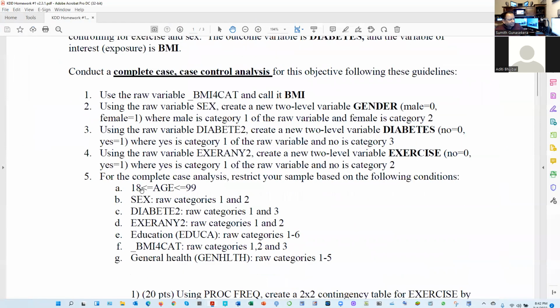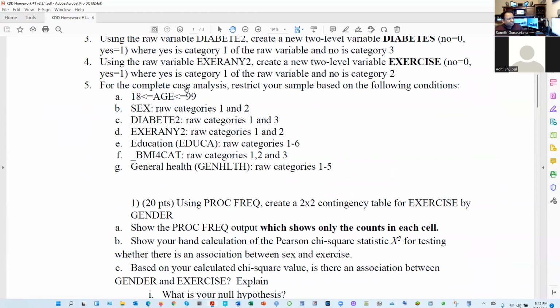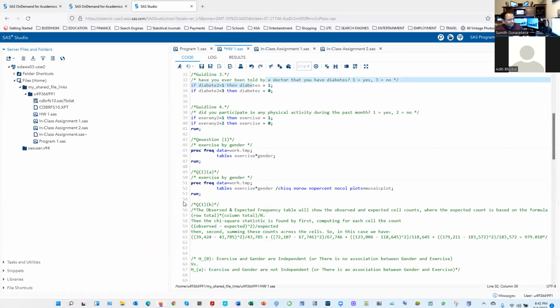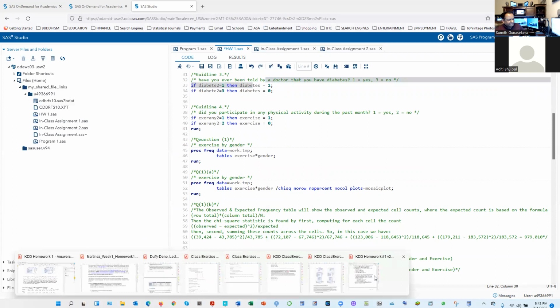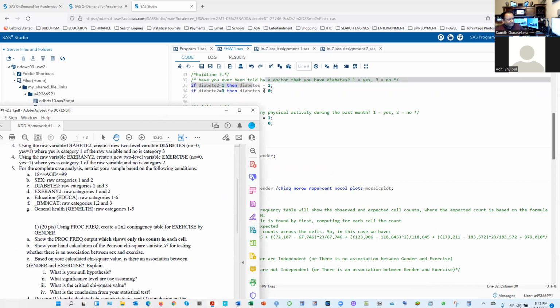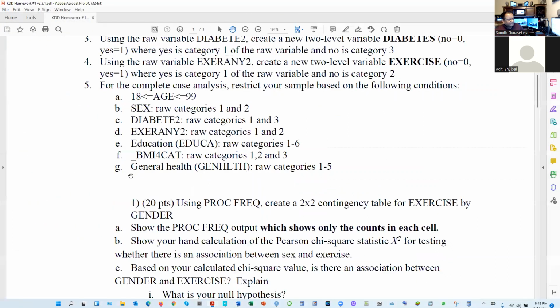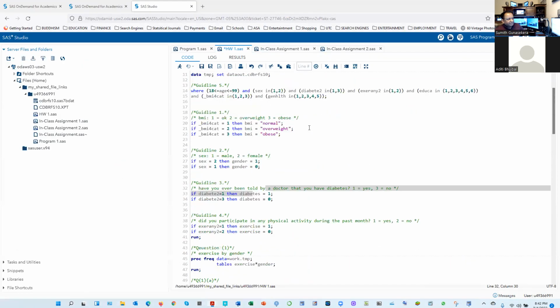So they say here, for the complete case analysis, restrict your sample based on the following condition. Age has to be 18 to 99, and keep all these, including general health and education as well. Education has 6 levels. We have to keep that one too, and this one 1 to 5. Okay, let's see.